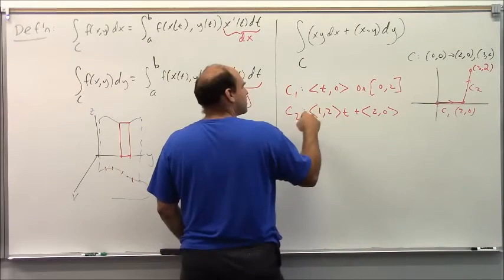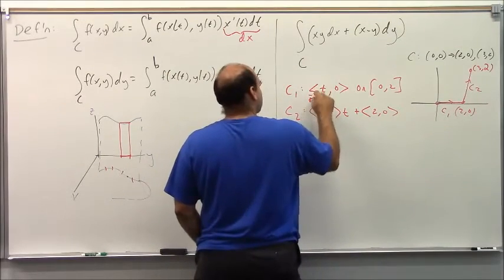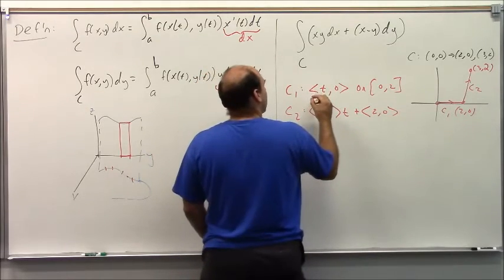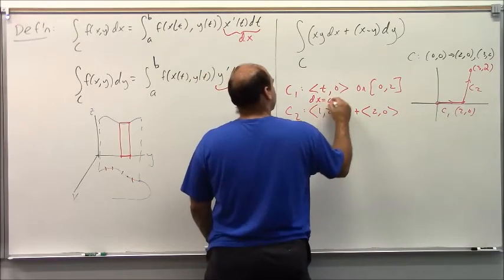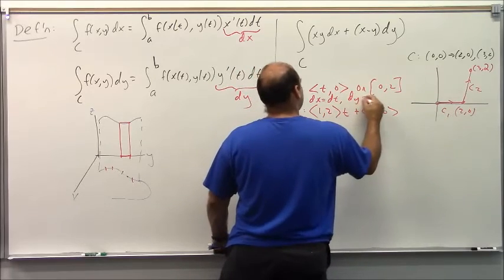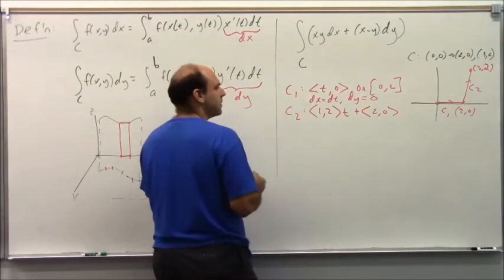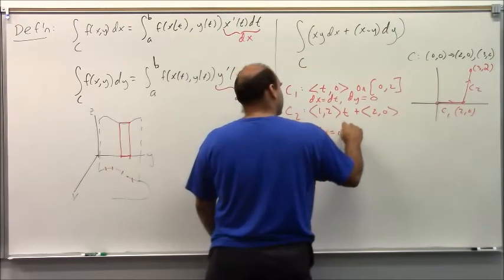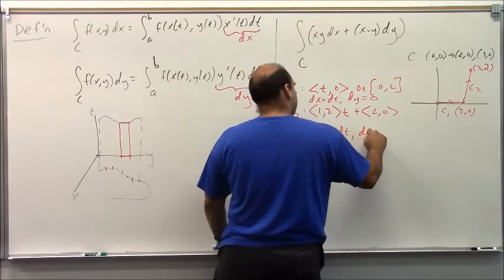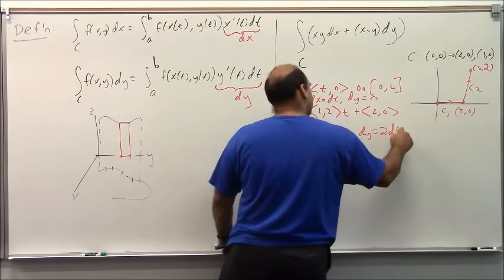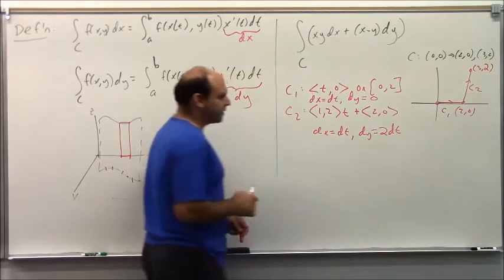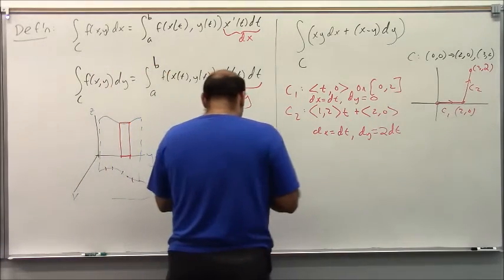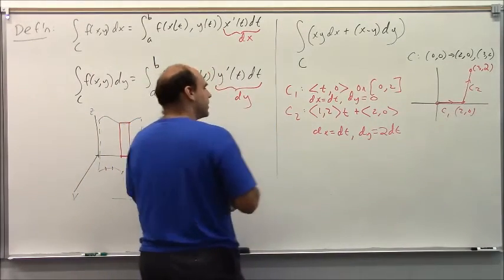And let's see, for C1, dx is just dt, and dy is 0. And for C2, dx is dt, and dy is 2 dt. Take the derivative with respect to t for the x and y components separately. And my path integral now gets split up into two path integrals.